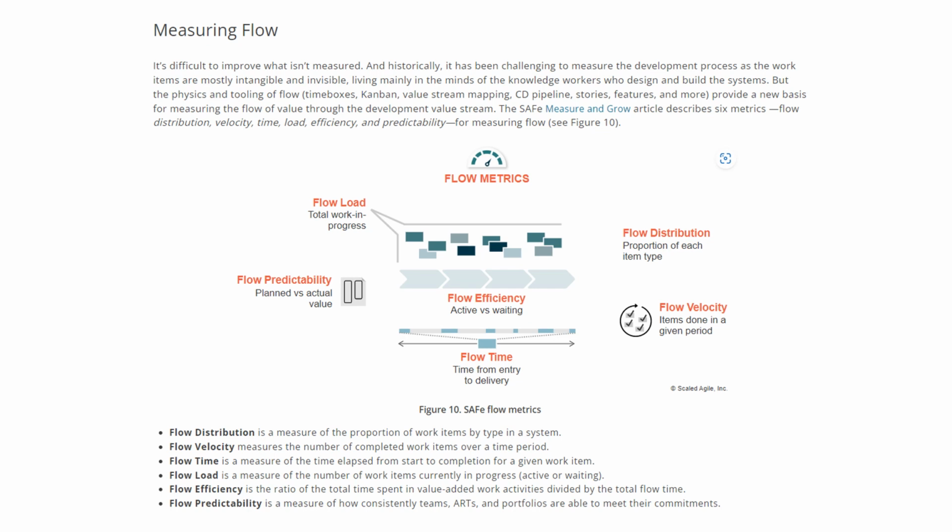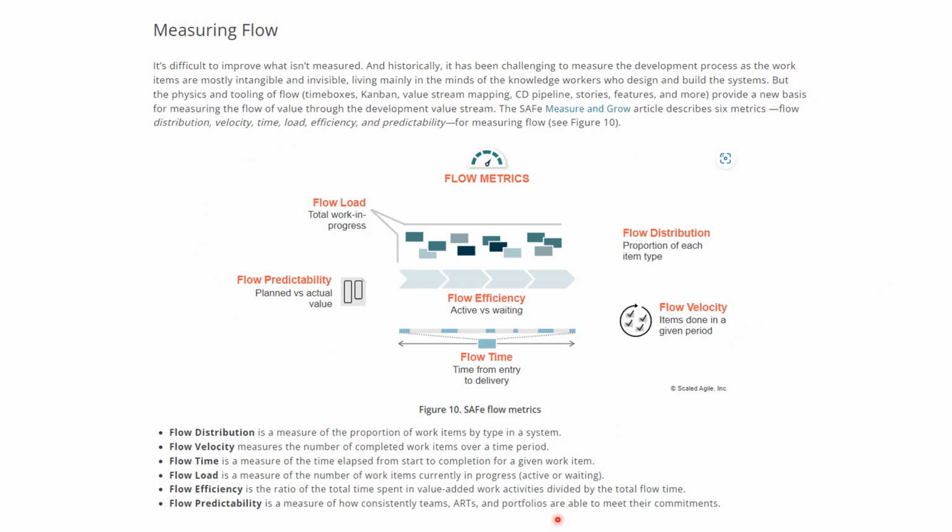The SAFe Measure and Grow article describes six metrics: flow distribution, flow velocity, flow time, flow load, flow efficiency, and flow predictability. If you look at this picture, it depicts SAFe flow metrics. Six flow metrics being discussed here, right?